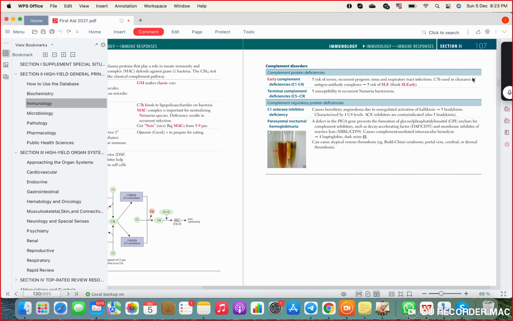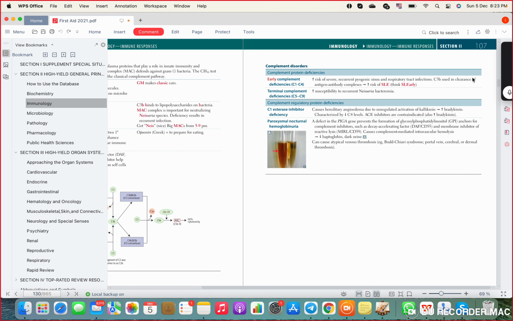Oh, contraindication along with ACE inhibitor is... what else can cause that one? Probably something that inhibits bradykinin breakdown. What is that?